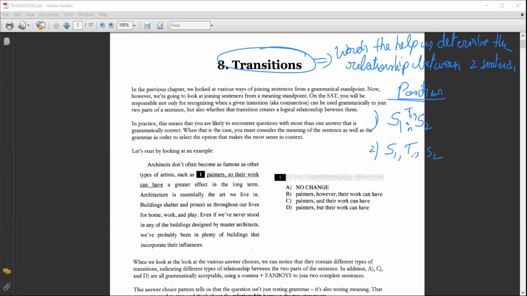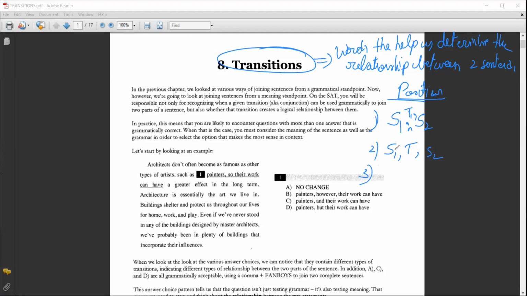So the simple logic is, if this transition is removed, these two sentences should still make sense. Understood? Got it? So that is your second position.